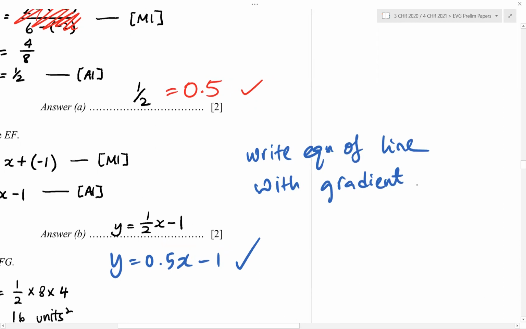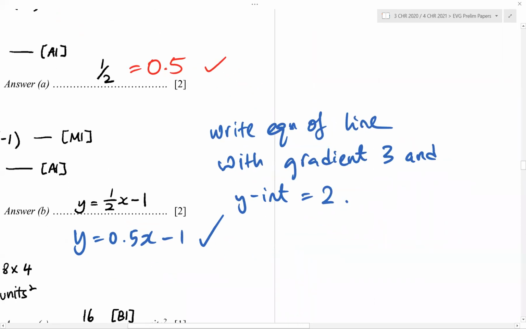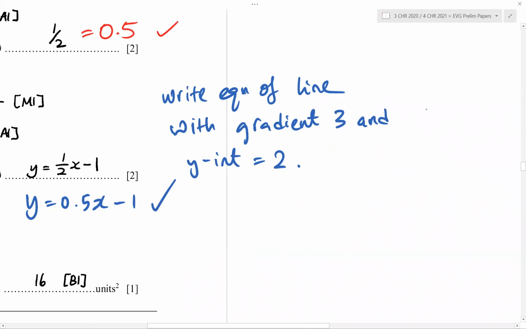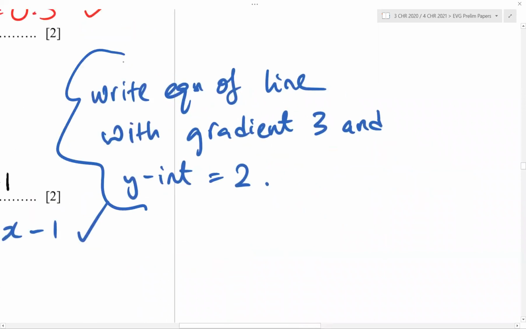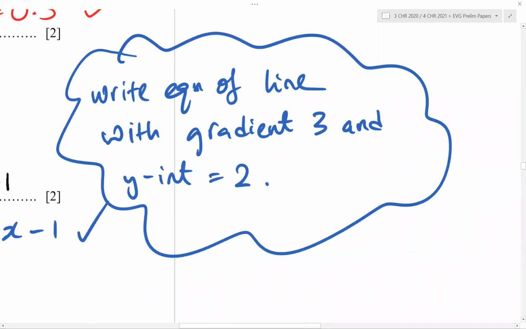With gradient 3 and y-intercept. Okay, can you try this question? Write down the equation of a line with gradient 3, the y-intercept is 2. So what would the equation look like?